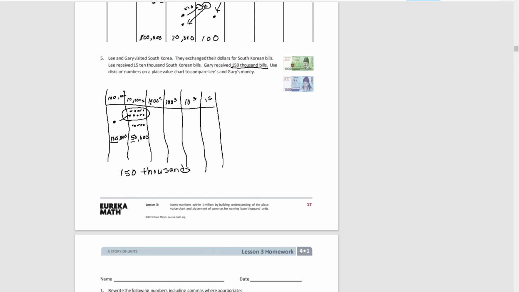So to compare the two, Lee and Gary have the same amount of money. And that's the last problem in lesson 3.